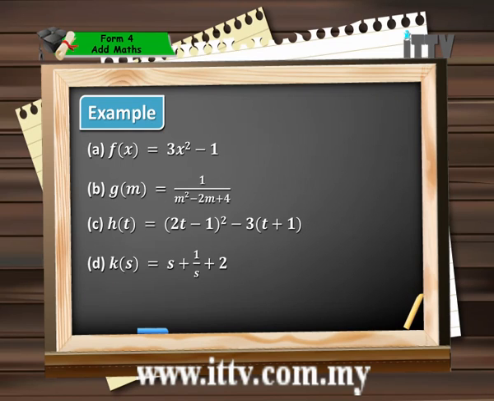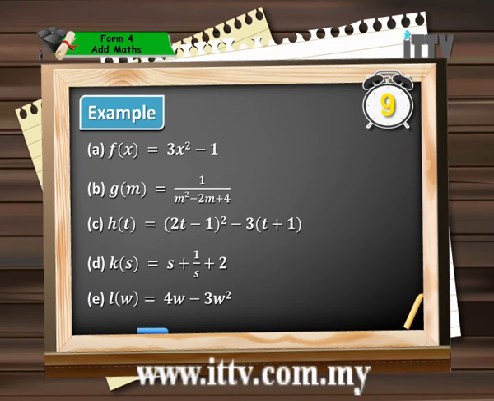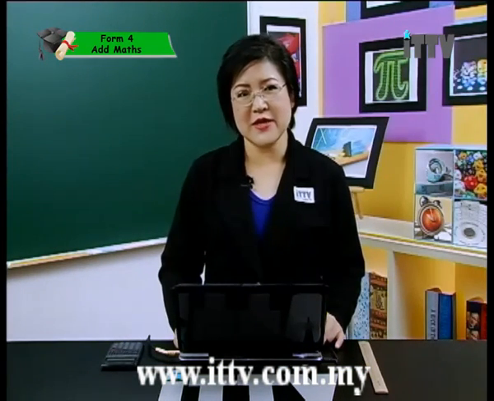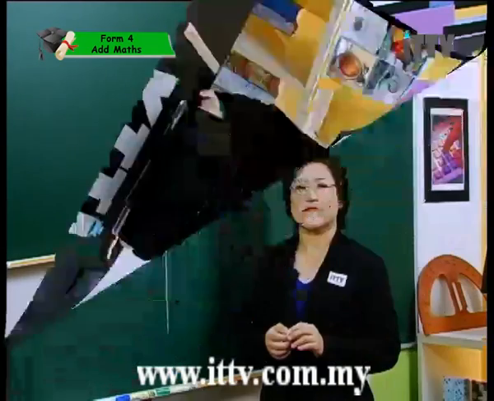And part D, we have k(s) equals s plus 1 over s plus 2. And in part E, we have L(w), which is 4w minus 3w squared. Now, it is worthwhile to go to the board now and discuss these functions in detail.